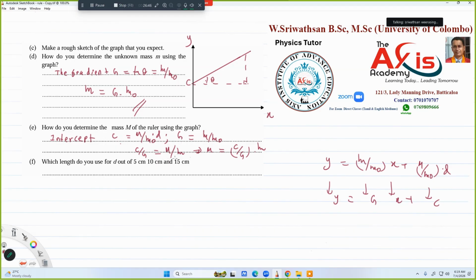Then capital M over small m times D. From this we have to find the mass of the meter rod. That means capital M is equal to C over G times m over D, right?